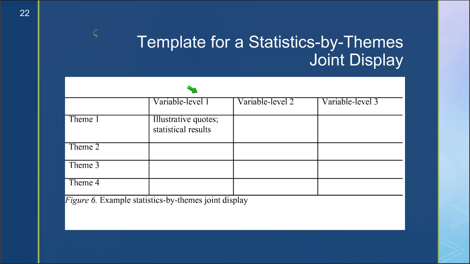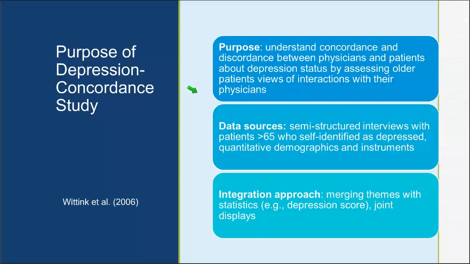So different levels of a quantitative variable could be something like high, medium, and low scores on a test or an instrument or looking at performance levels. And then the themes could be presenting illustrative quotes in addition to statistical results by theme. So again, it's helping to really facilitate some of that comparison.